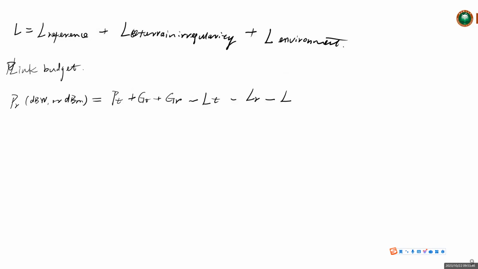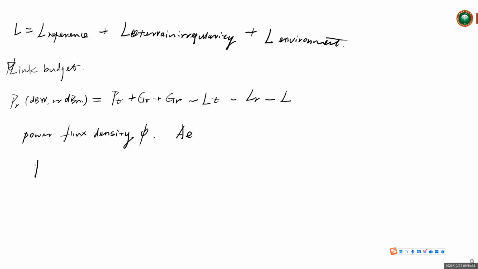Okay, and the link budgets are already computed in terms of the received power, but in some cases it can be related to, for example, the power flux density and the effective antenna aperture, AE.